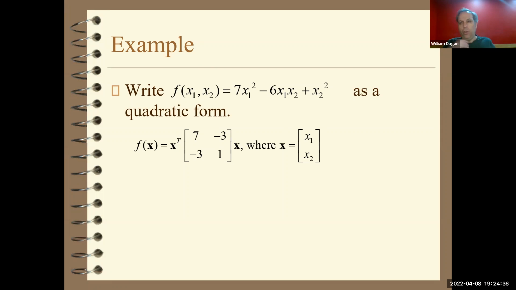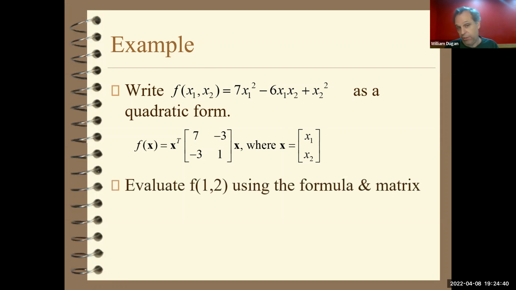Now, just to make sure you understand one more time, let's go ahead and evaluate this function 2 different ways. One's by just the formula, and the other is by the matrix multiplication. So if I wanted to find out what the function f is at (1, 2), it's just 7 times 1 squared minus 6 times 1 times 2 plus 2 squared.